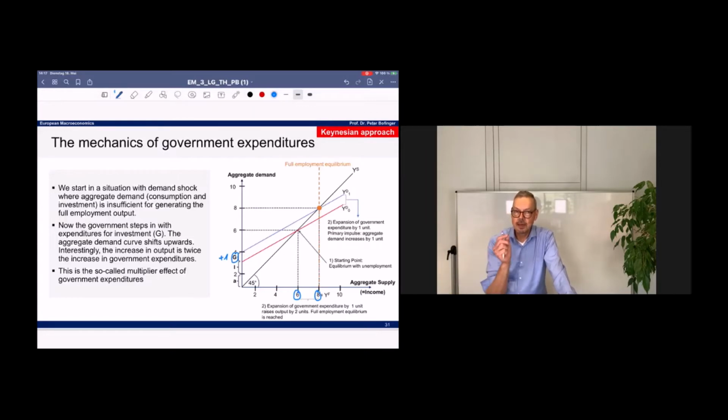Now the multiplier logic comes in, because the people working in the investment good sector can use their money immediately to spend it and to buy consumption products. So that's the multiplier logic. The money does not stop once the government has paid the bill for the investment goods.